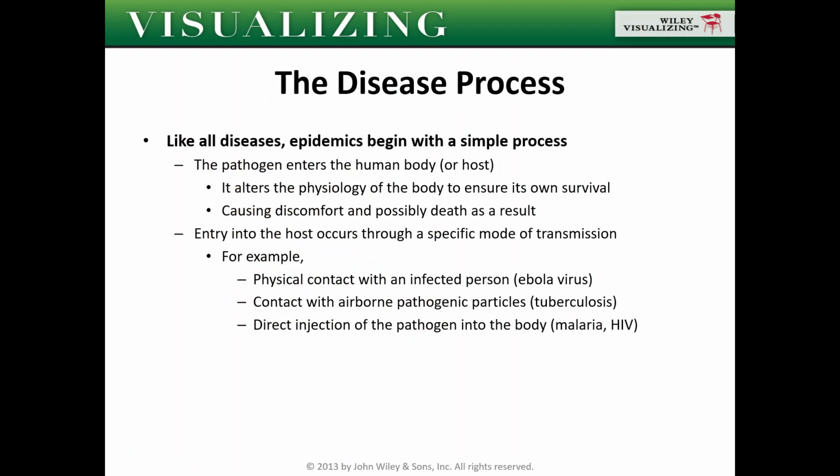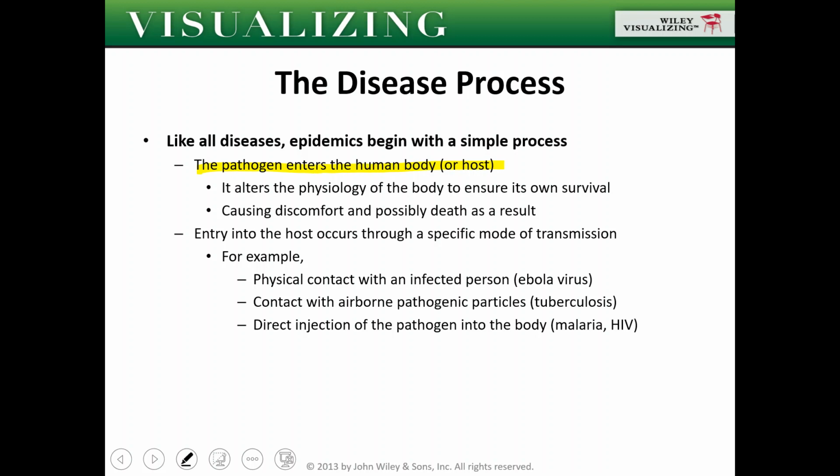Now, what happens during the disease? So first, the pathogen has to enter the human host. That's what starts the disease. When it enters and changes the physiology of the organism, your immune system may overreact, or the microorganism can produce some products that are toxic for human cells.